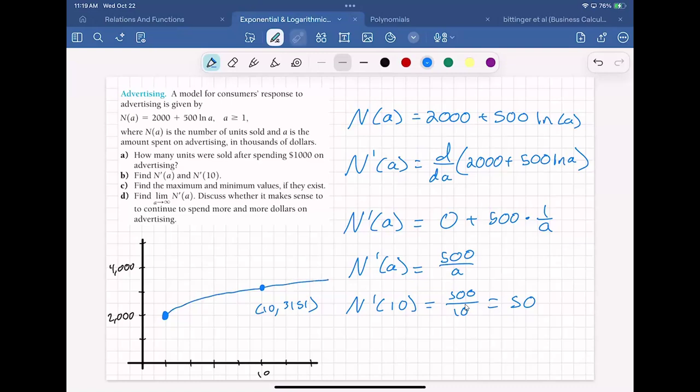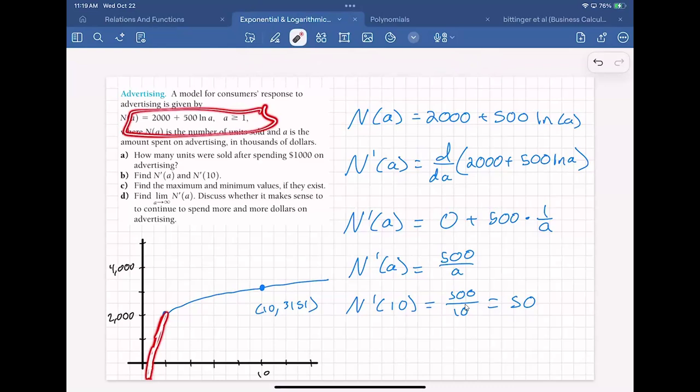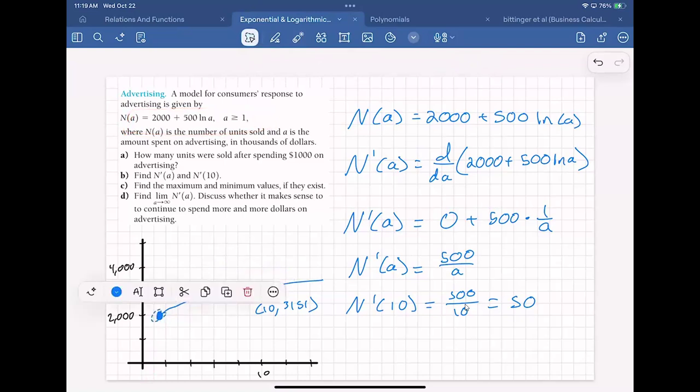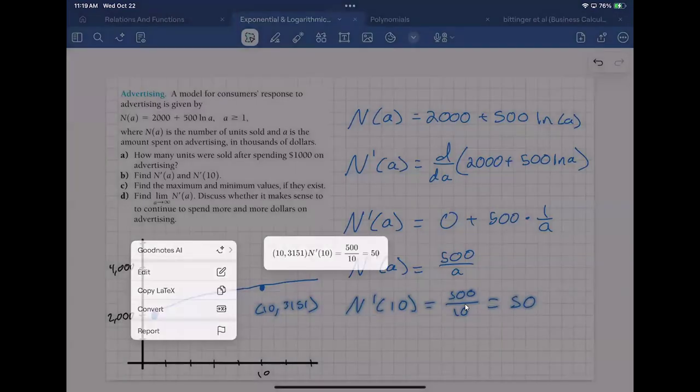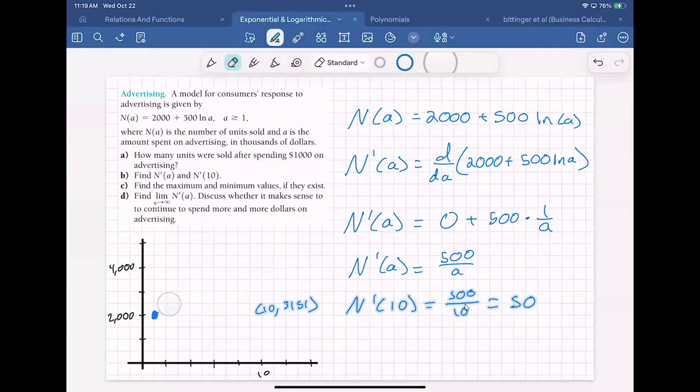Why am I not worried about this piece here? What did I say that's going on up here that said don't worry about anything past one? And I messed that up, y'all. But why are we not worried about, say, a half, spending $500?